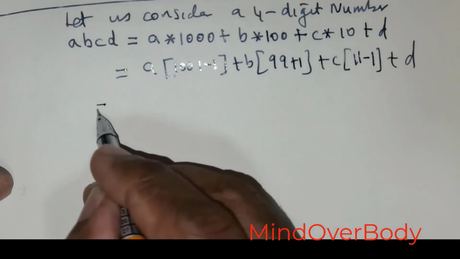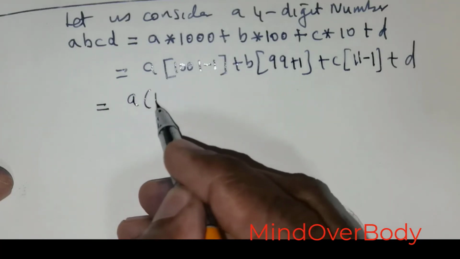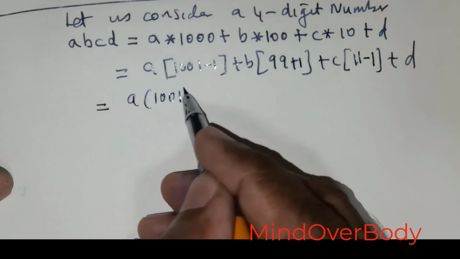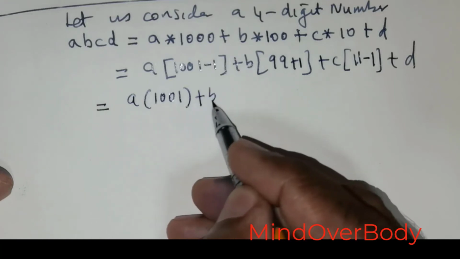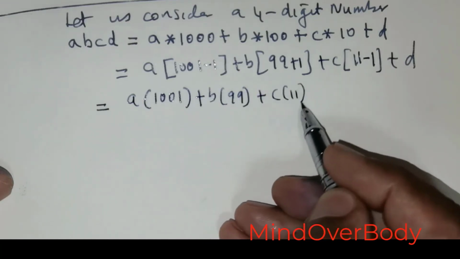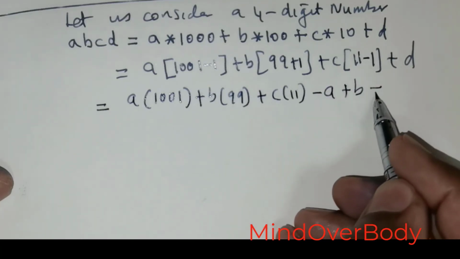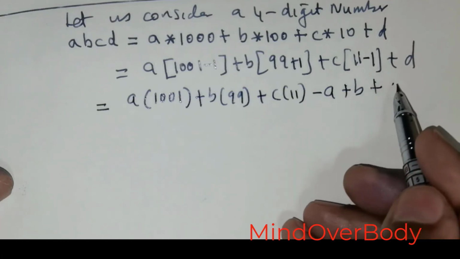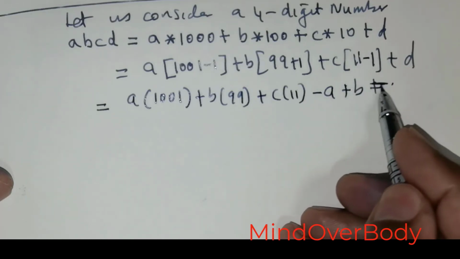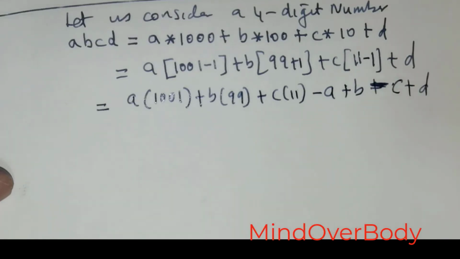Now I'm going to rewrite this as A times 1001 plus B times 99 plus C times 11, and next negative A, positive B, negative C, positive D. So this is what I've got.